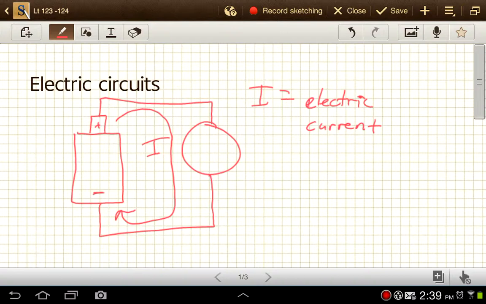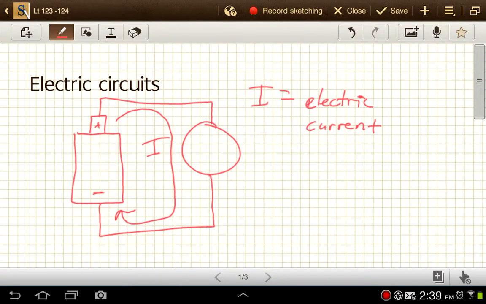It's the negative ones, it's the electrons that do the moving. But just by convention, we've kept that system. It doesn't really matter here whether we think of negatives as moving this way or positives as moving this way. We're going to get the same results either way. And so our electric current flows from the positive end of the battery to the negative end of the battery.